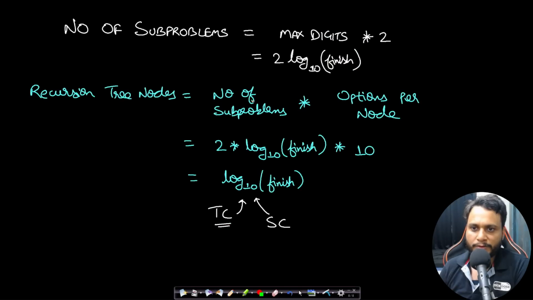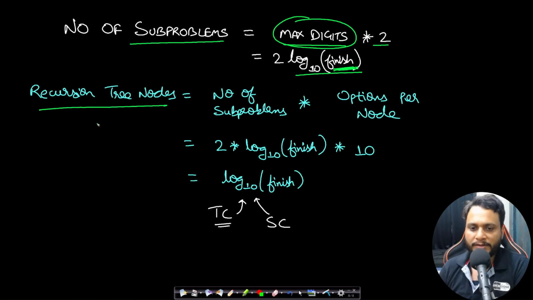So considering all those cases, your number of subproblems will be maximum digits into 2, which is the digit is counted by log base 10 of the largest number, and let's say that largest number is finish number. Let's assume that it can also be s, right? But that boundary case I will already be handling if I even need to solve it. So I will always take finish as the largest number. So log of finish base 10 would be like the number of subproblems in this case. Multiplied by 2 definitely, due to the tightness.